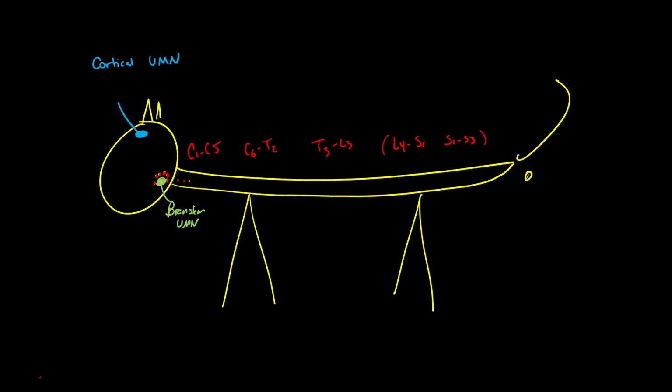Once we get now to the spine, here's something that people forget. We have lower motor neurons located throughout the entire spinal cord. Now, why do we say that only lower motor neuron signs of dysfunction occur at the legs?